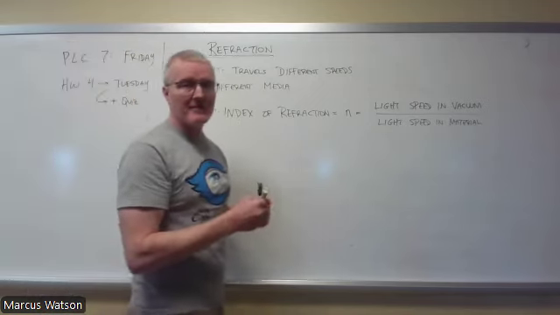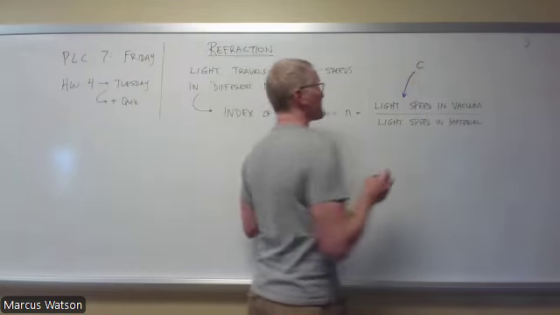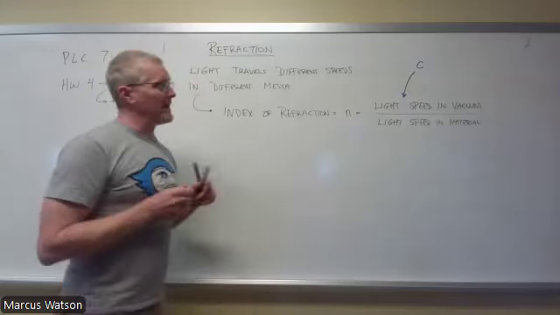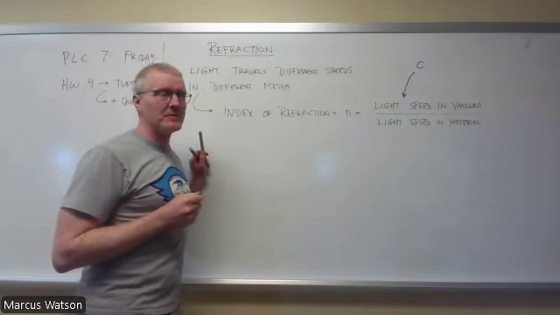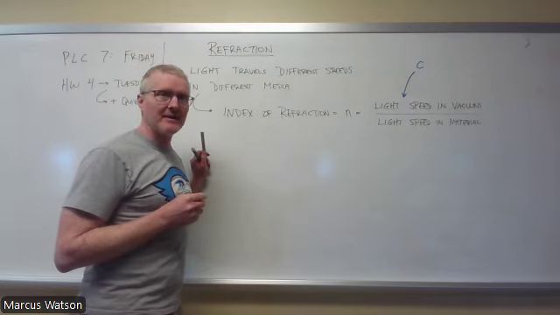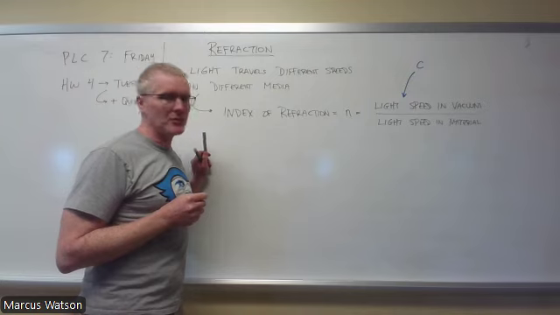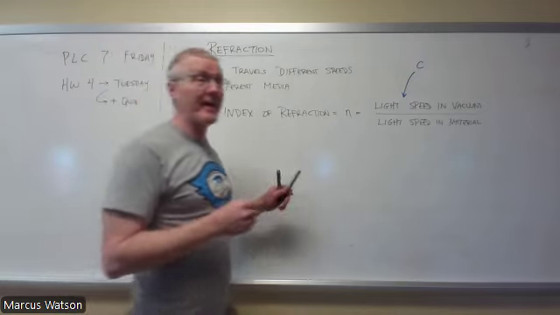Okay, the speed of light in a vacuum is a fairly well-known number. We call it c. And given this class, that is not the heat capacity or the specific heat capacity. That is the speed of light. And it is from the Latin word celeritas, which means really, really frickin' fast.